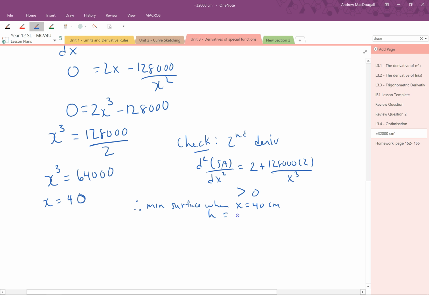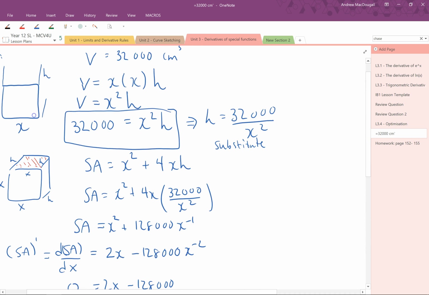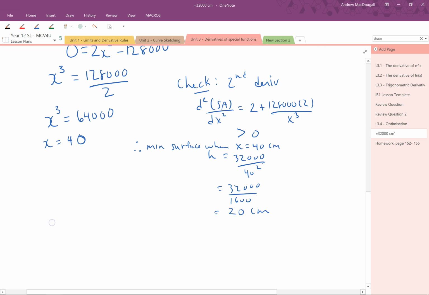The height is 32,000 over x squared, which is 40 squared, which is 32,000 over 1,600, which is equal to 20 centimeters. So this box, which has to have a volume of 32,000 centimeters cubed, will have a minimum surface area when x equals 40 and the height is 20.